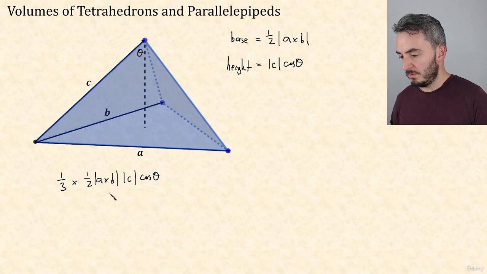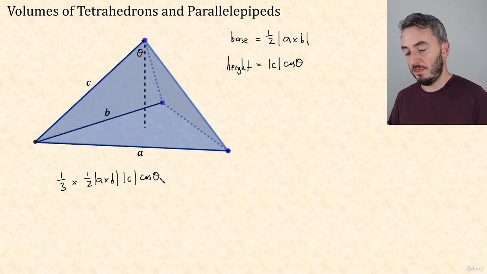Okay, well, we could stop there, but there's a nice insight. Because what do I have here? I've got the modulus of a vector times the modulus of a vector times cos of an angle. Now, that angle, theta, happens to be the angle between c and a cross b.